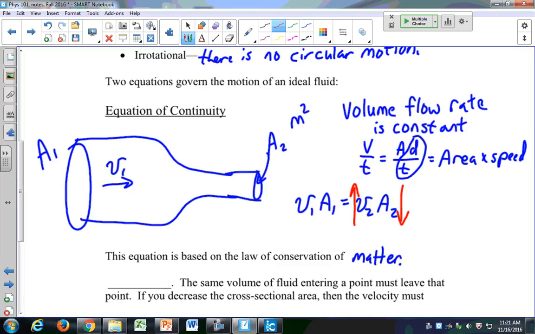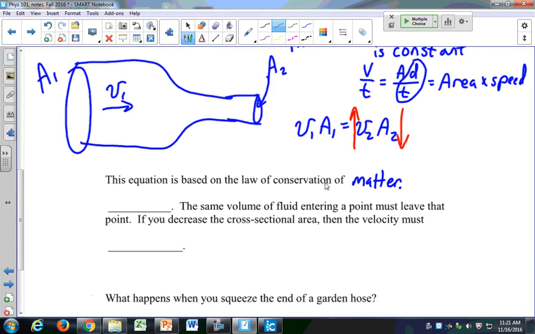Our volume flow rate is always constant, because I can't just lose stuff in the pipe. So if the area goes down, the speed goes up. So if you decrease the cross-sectional area, the velocity must increase.